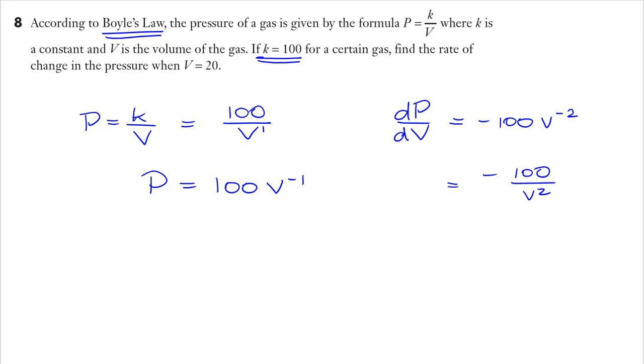We want to know the value of this rate of change when V is equal to 20. So if we substitute V equals 20, minus 100 over 20 squared. Now 20 squared is 400, so we get minus 100 over 400, which is minus a quarter, or in decimal form, minus 0.25.